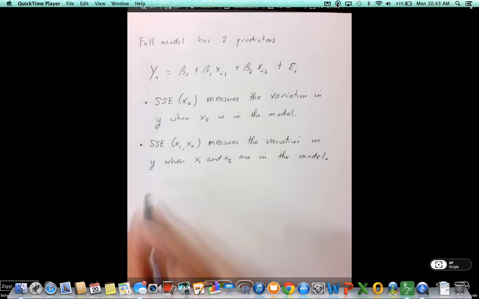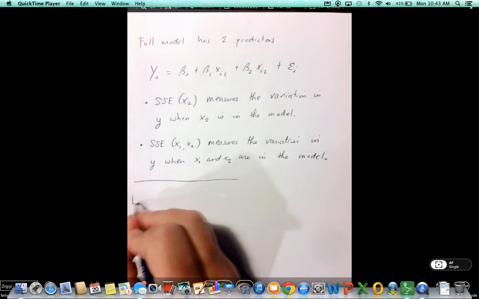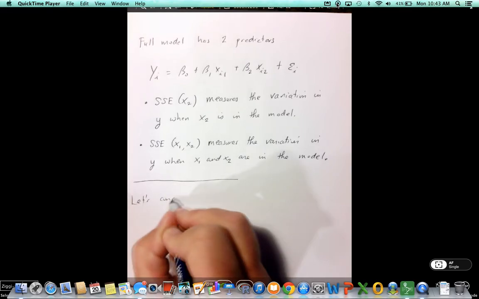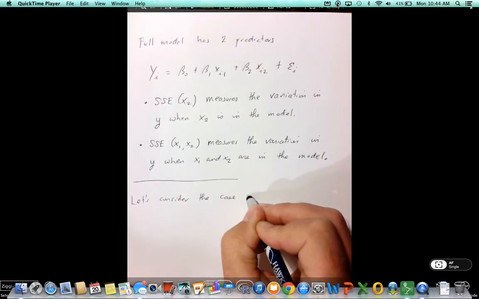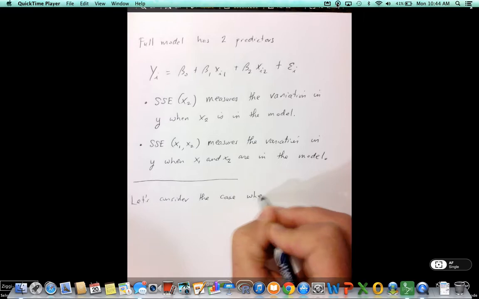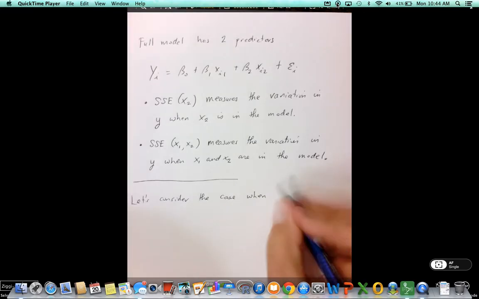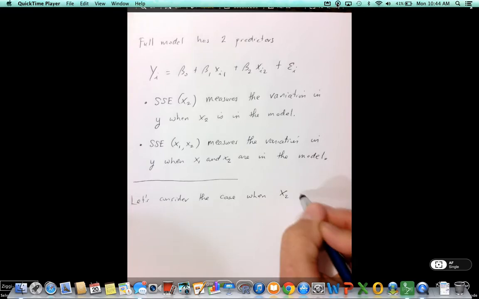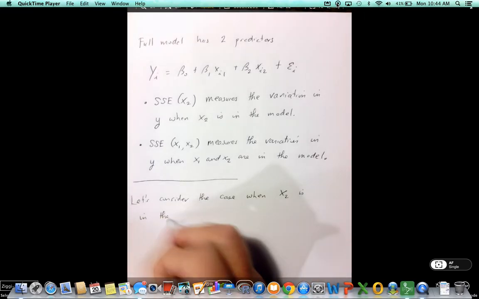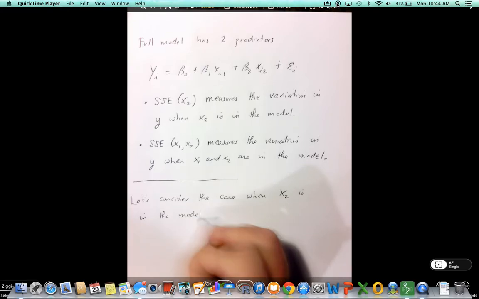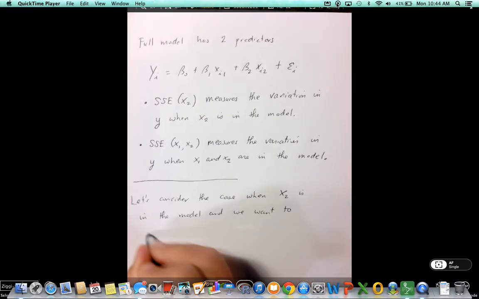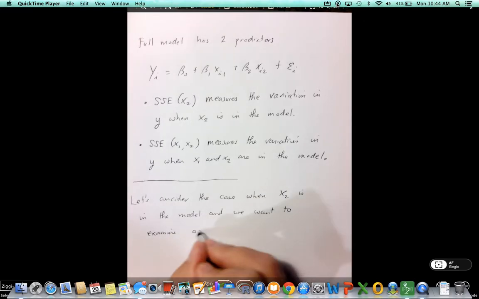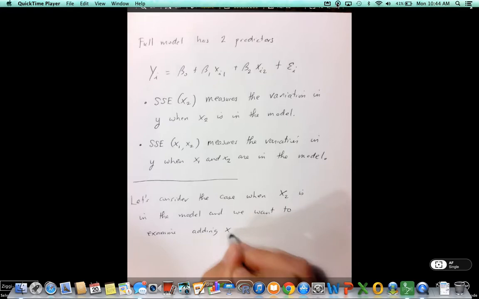So let's consider the case when x2 is in the model, and we want to examine adding x1.